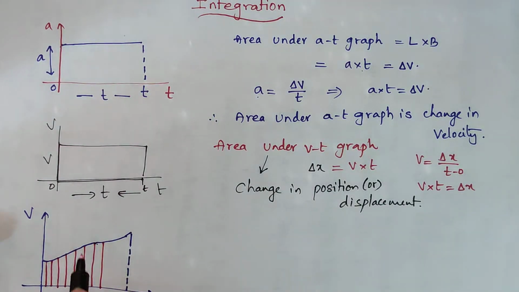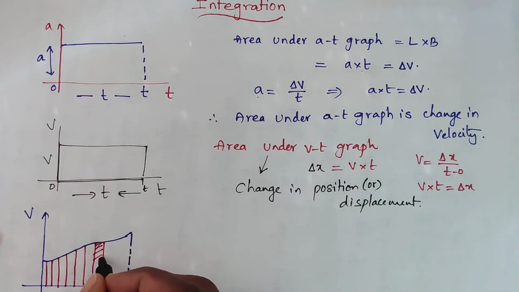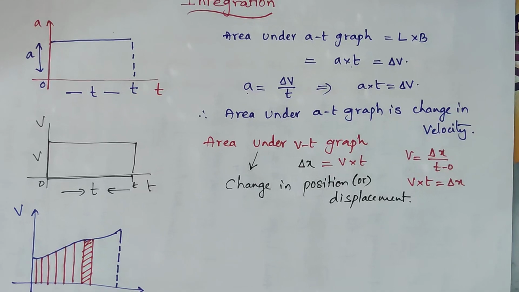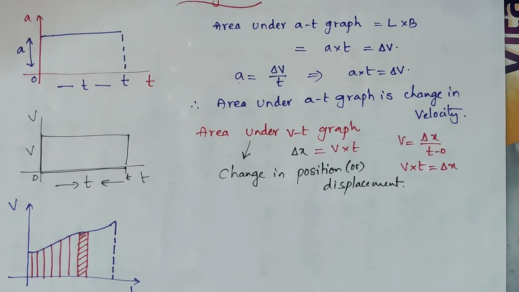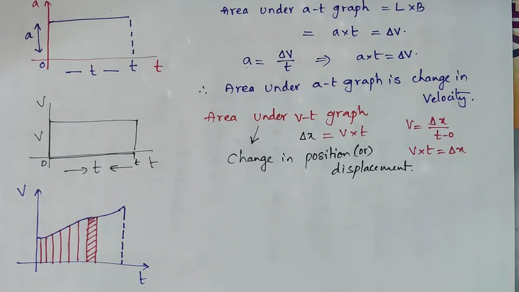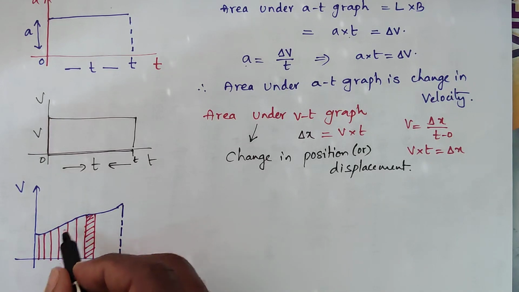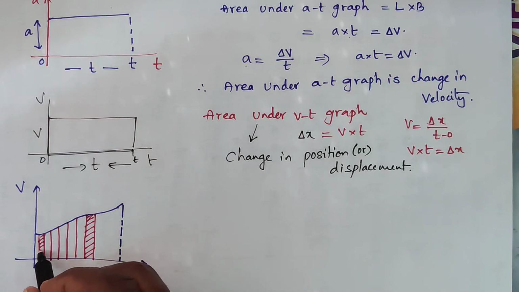Okay, consider this strip. This strip is approximately a rectangle. So rectangle area we can find directly. And take another strip. This strip is also a rectangle.